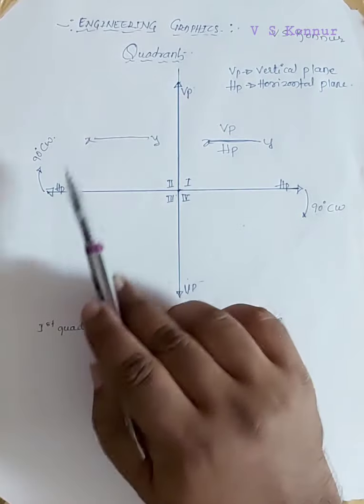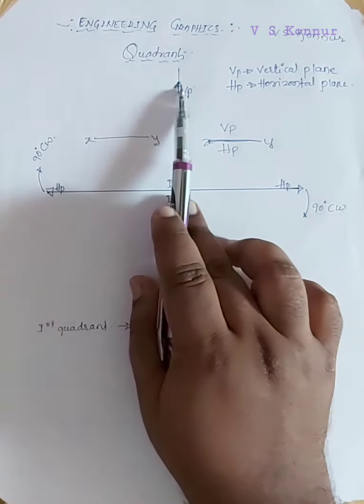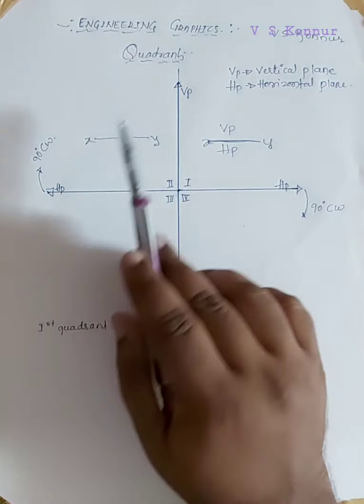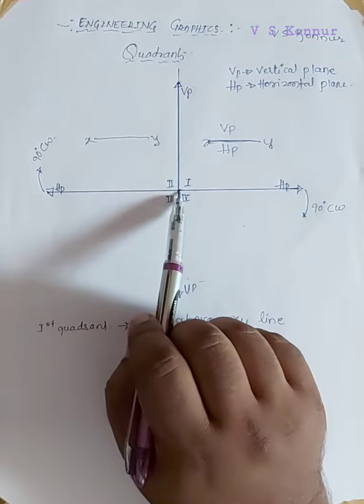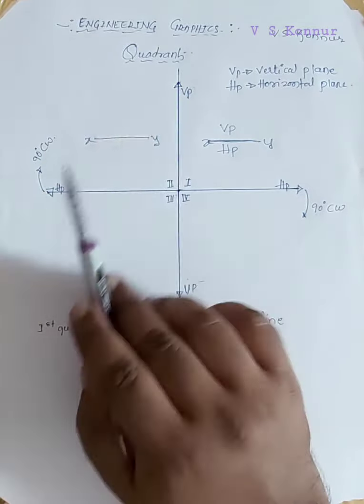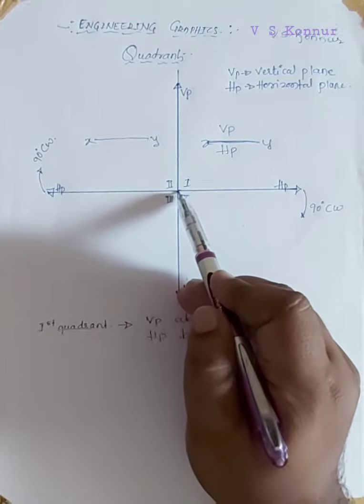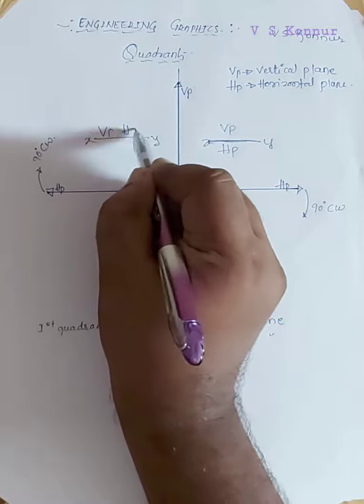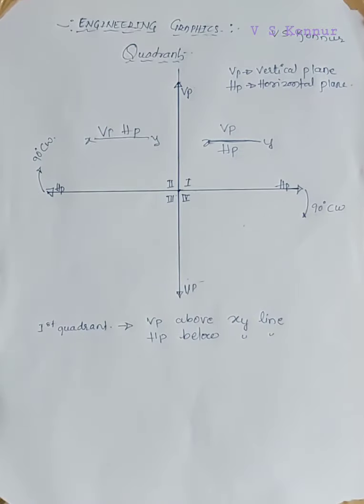There is no change in the VP. So HP will also come above XY line. This is the intersection called as XY line. When it rotates 90 degree clockwise, VP and HP will remain above the XY line.